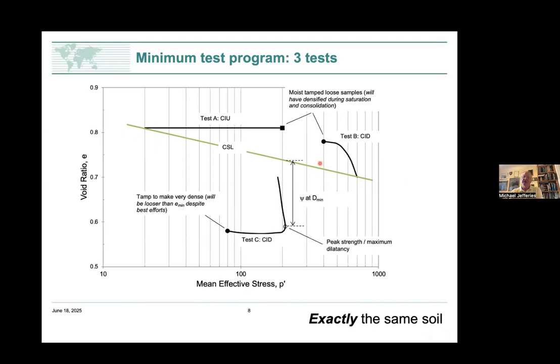But what we discovered was that if we did a drained test on a loose sample, which is this test B there, that will get quite close to the critical state at the end. When I say quite close, when you get to the end, the critical state is usually just a little bit beyond the loose drained test, and you have to make a bit of an engineering judgment as to where it might be.